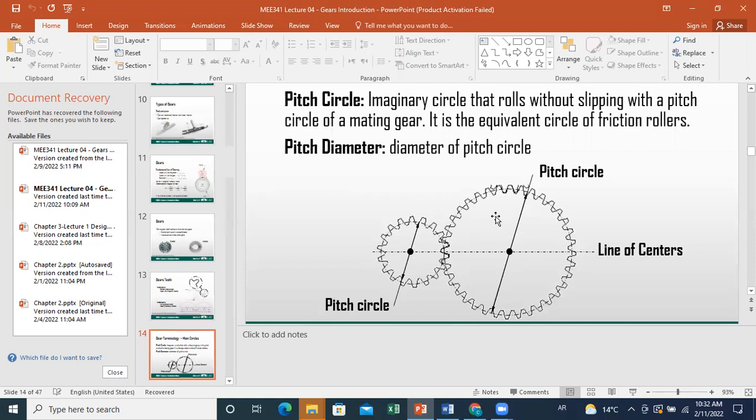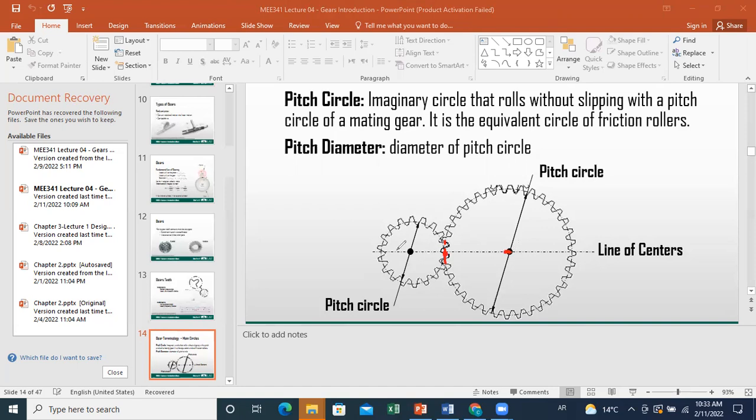The first one is the pitch diameter, which is related to the diameter of the pitch circle. What is a pitch circle? Whenever you have gears in contact, you will have a certain contact point between the teeth, and these contact points will define a certain distance between the contact point and the center.